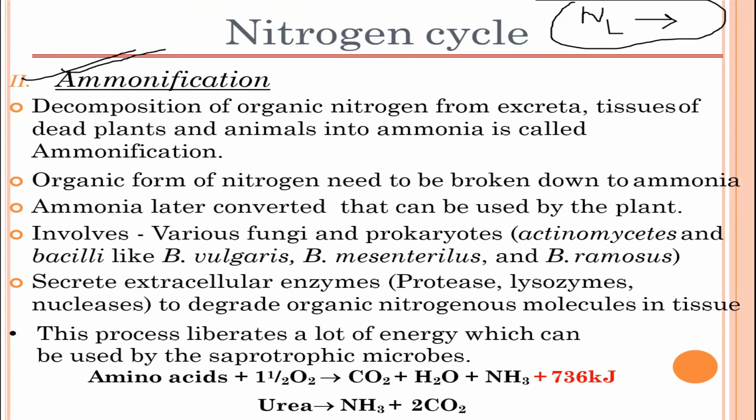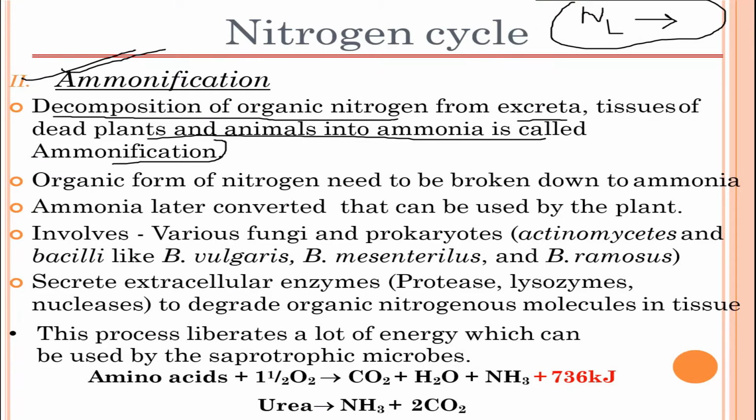So talking about ammonification, decomposition of organic nitrogen from excreta and tissues of dead plants and animals into ammonia is called ammonification. So basically this is retrieving back the ammonia that was previously converted.